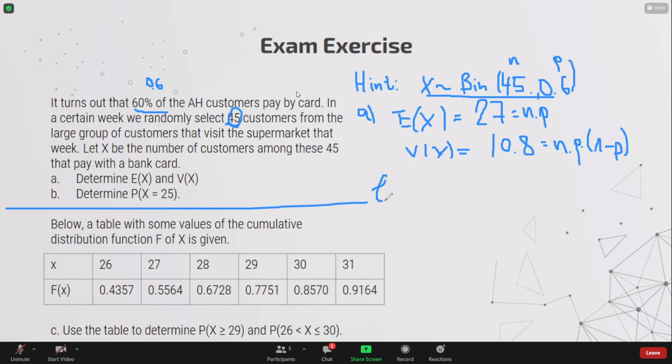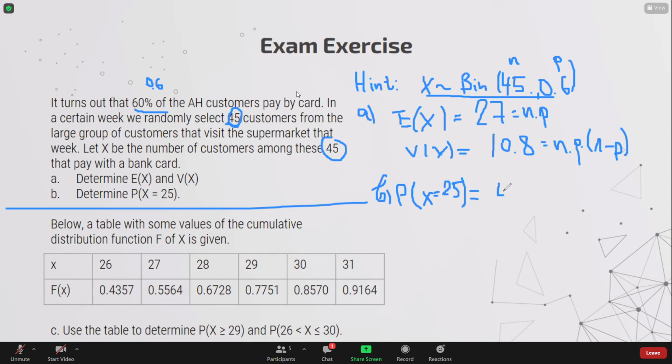If we have to look at B, we need to determine what is the probability of having exactly 25 of those customers paid by card. We already did a similar exercise. We know that we can choose from all those 45 customers, we choose only 25 to pay by card.